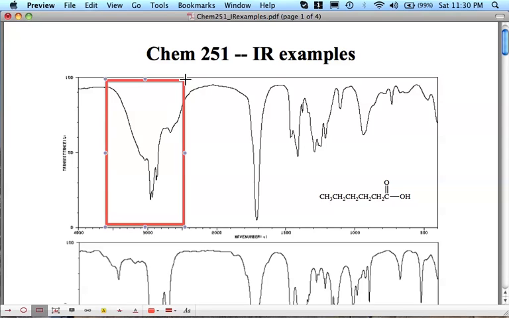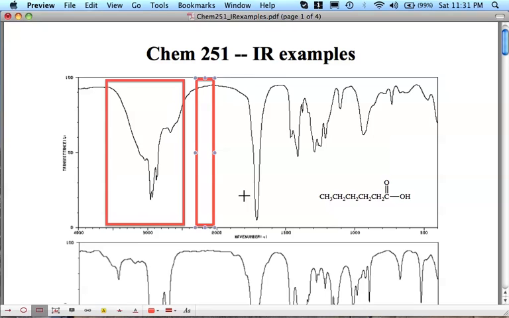The next region that we tend to emphasize comes from about 2300 to 2100. That region would be characterized as the triple bond region. So carbon-carbon triple bonds and carbon-nitrogen triple bonds would be the major things that we would see in that region for organic chemistry.